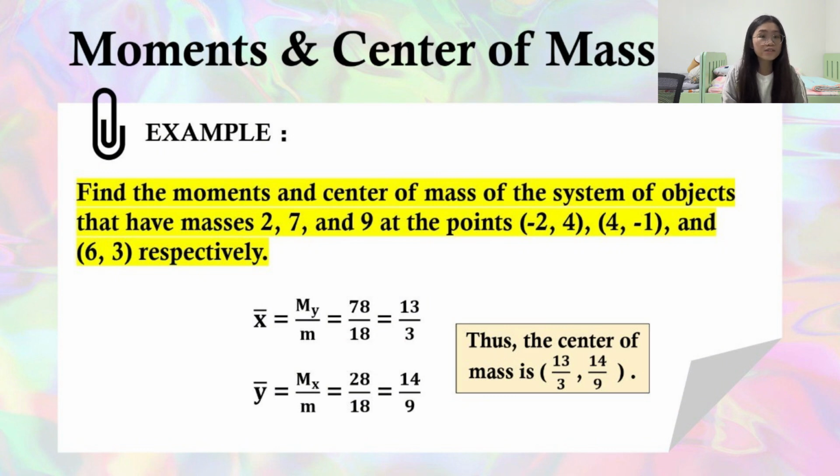So the x-coordinate of the center of mass is 13 over 3. For the y-coordinate, we take the moment about the x-axis divided by the total mass. So the y-coordinate of the center of mass is equal to 14 over 9.